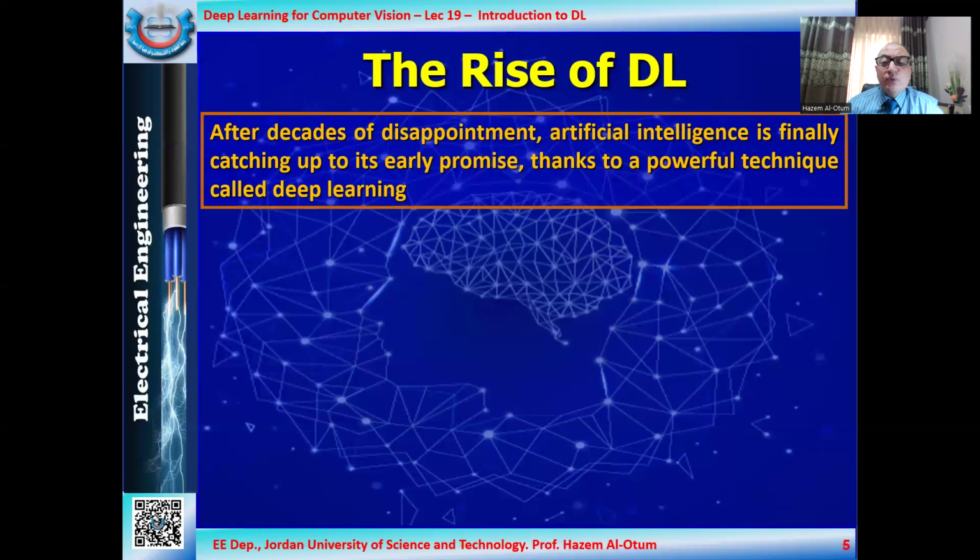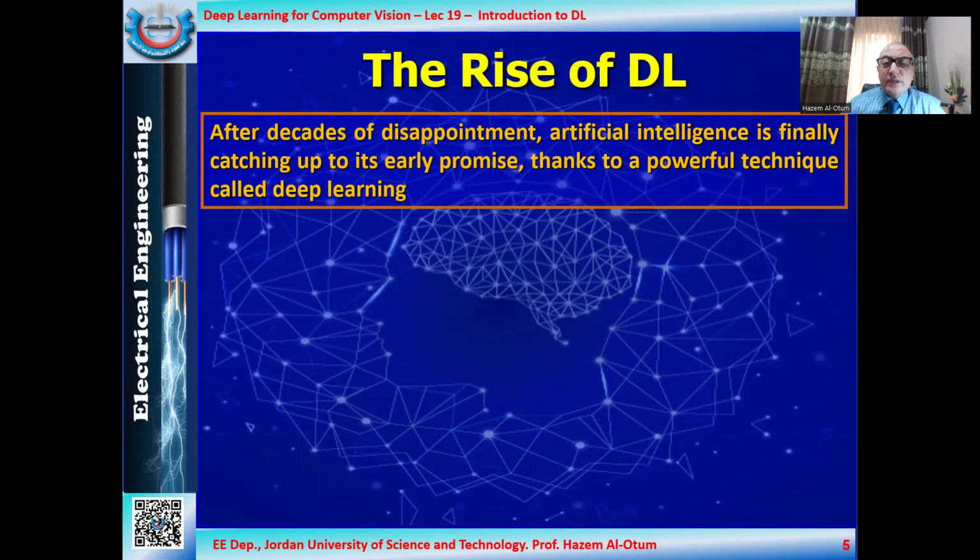And at that time, maybe 20 or 30 years ago, there was a shortage in computer facilities and processing units, especially because it requires strong hardware, not CPUs only, but also GPUs, graphics processing units, and this is the main reason for the delay in the rise of deep learning.